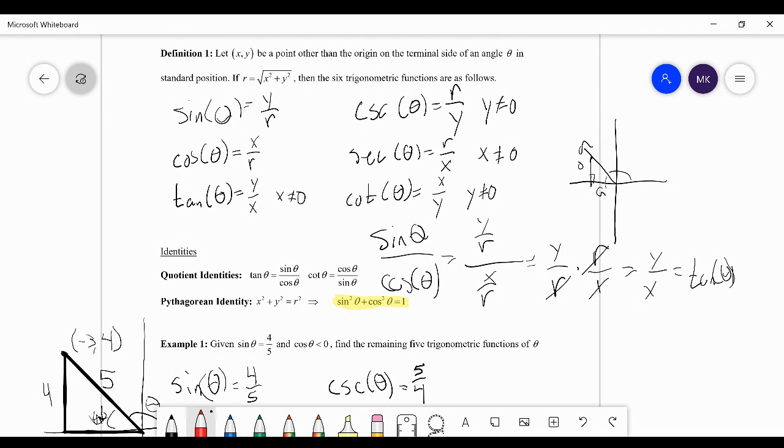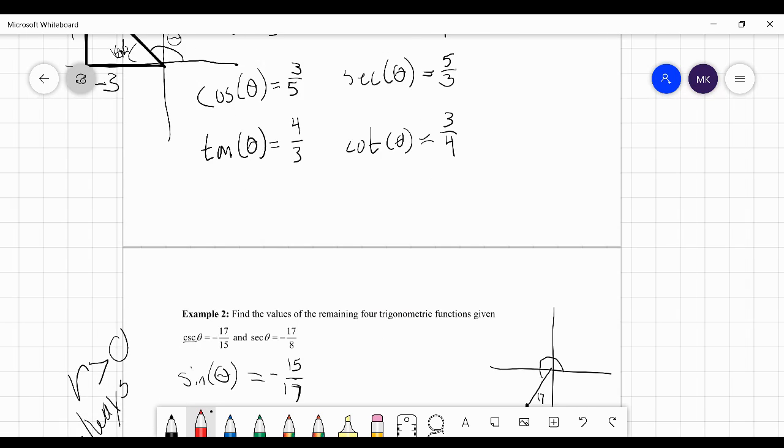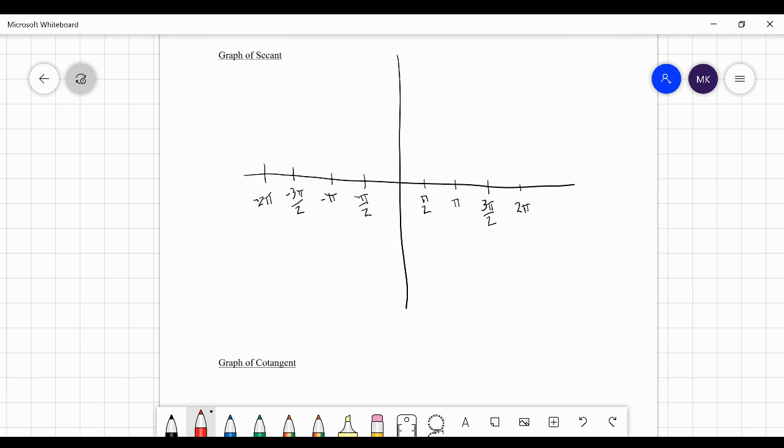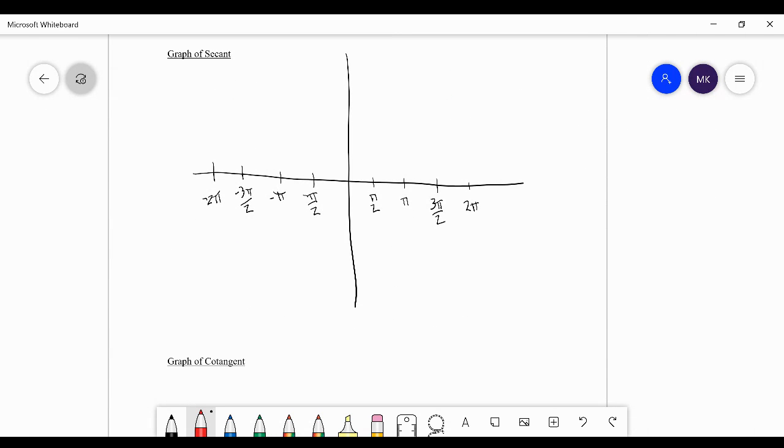For secant, our value is r over x. So anytime the x value is 0, we get these undefined areas. And so here, our undefined areas are at negative 3 pi over 2, negative pi over 2, pi over 2, 3 pi over 2. Okay.